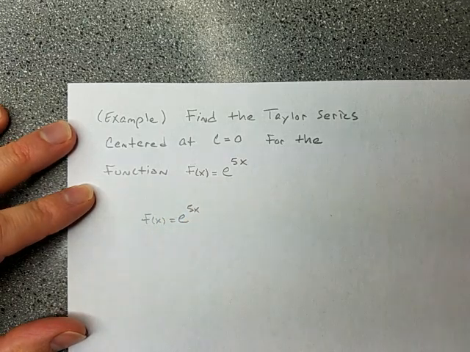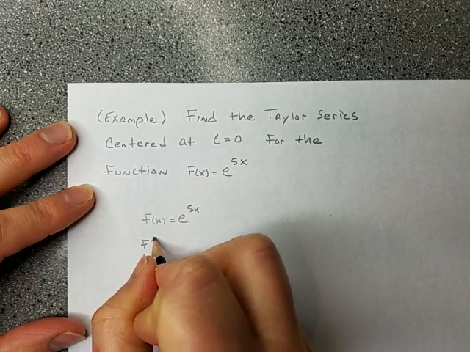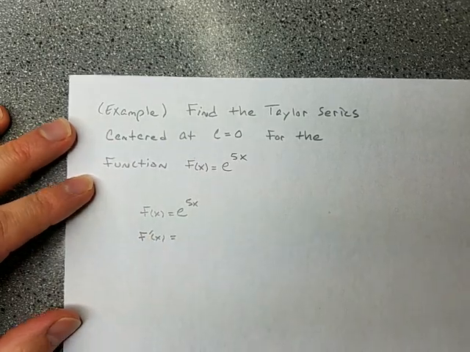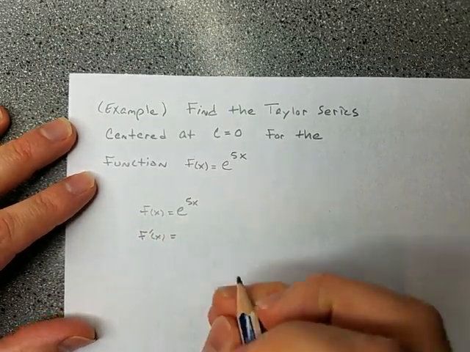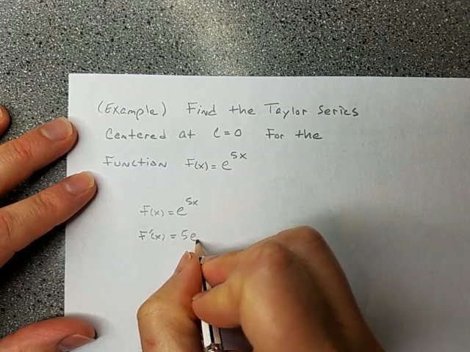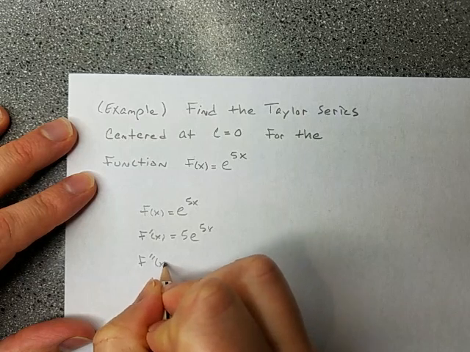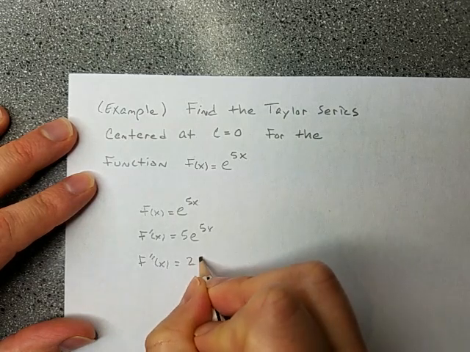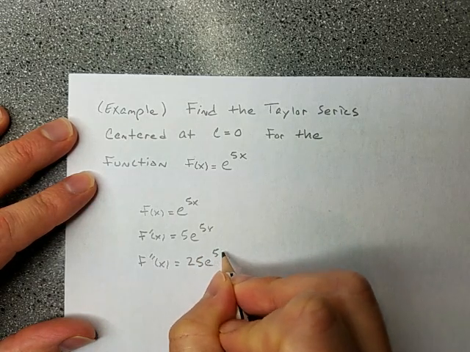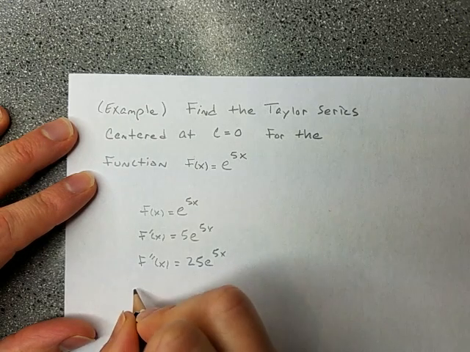Okay, so there's the function. What's the first derivative? F prime. Using the chain rule, that would be 5e to the 5x. Okay, and then what's the second derivative? That would be 25e to the 5x. And what's the third derivative?